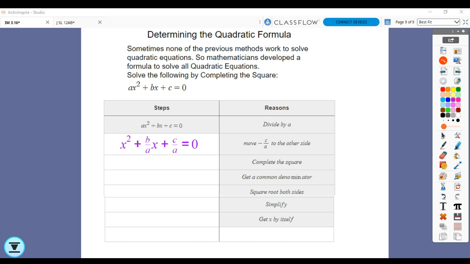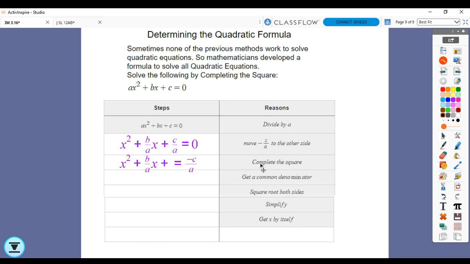Then the next step is, this is not going to be our perfect square number. So let's see if I can just manipulate this now. I want to move the c over a over, so I have to subtract negative c over a. So I'm going to make room for that number that completes the square.